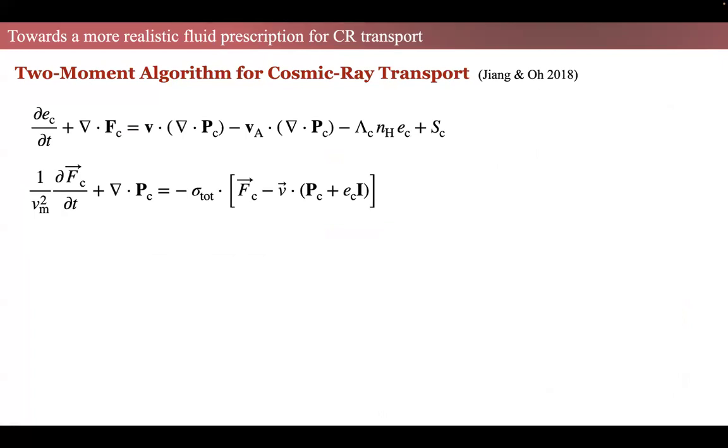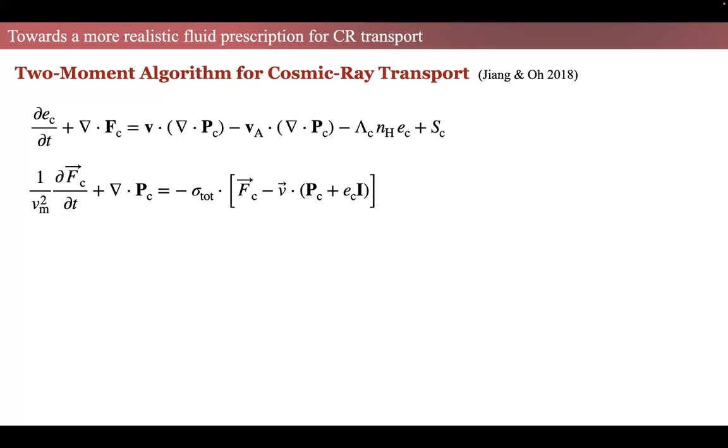We started from the 2-moment algorithm for the transport of the cosmic ray fluid implemented in the MHD code Athena++. This algorithm was designed to follow the transport of one single cosmic ray fluid, assuming that all cosmic rays are characterized by a single kinetic energy of 1 GeV, because GeV cosmic rays are those important for the gas dynamics.